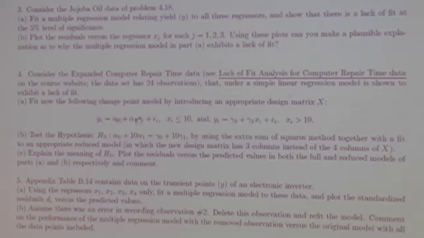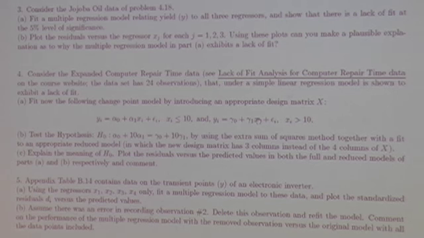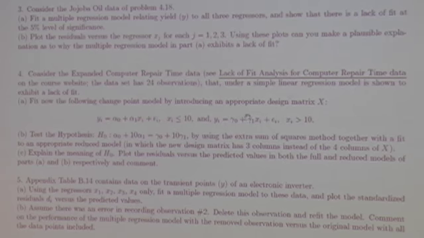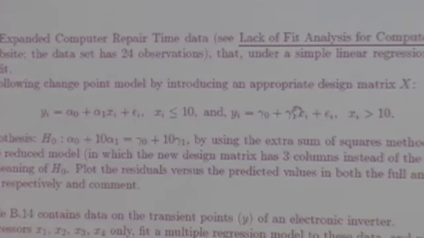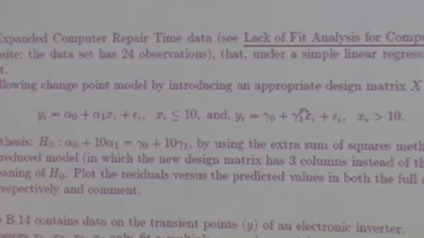Here's your x plus to the 1. Here's your x minus 10 plus to the 0. Here's your x minus 10 plus to the 1. Only 0th and 1st powers. 2 0th powers, 2 1st powers. There's 4 columns, so you don't put an intercept column in.